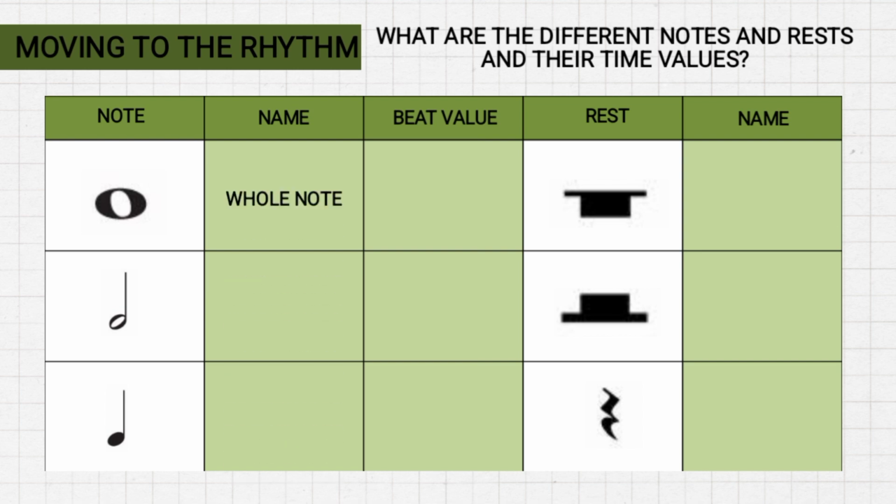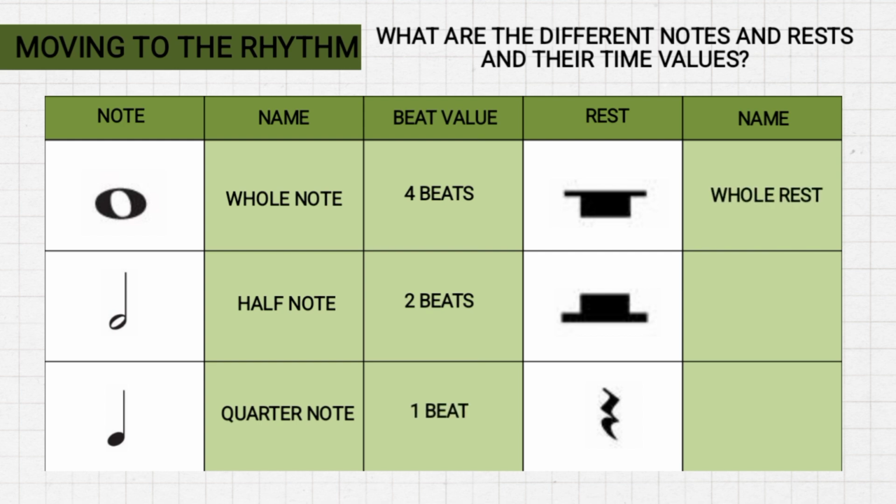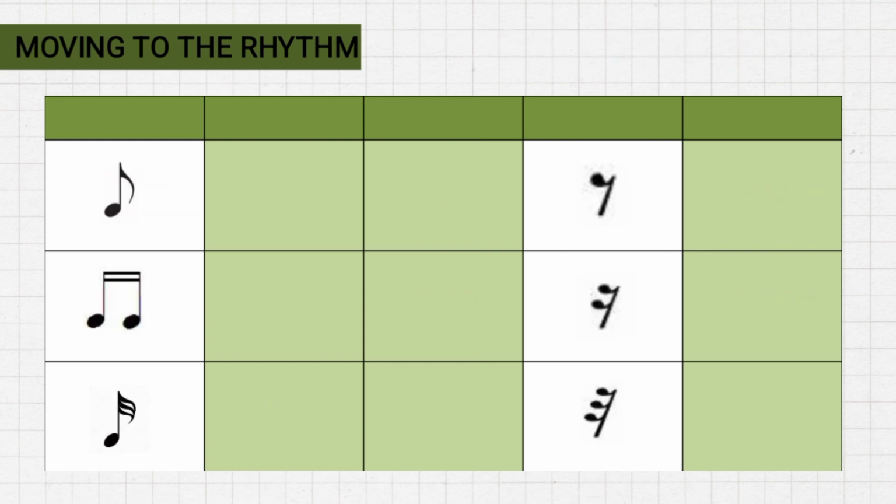We're going to identify the note name: whole note, half note, quarter note. Whole note has 4 beats, half note has 2 beats, quarter note has 1 beat. The rest for whole note is whole rest, half note has half rest, quarter note has quarter rest.